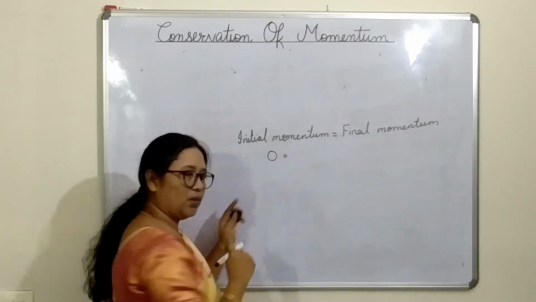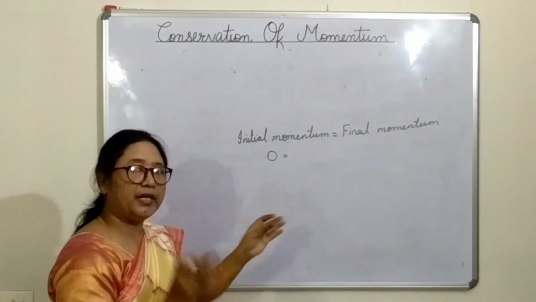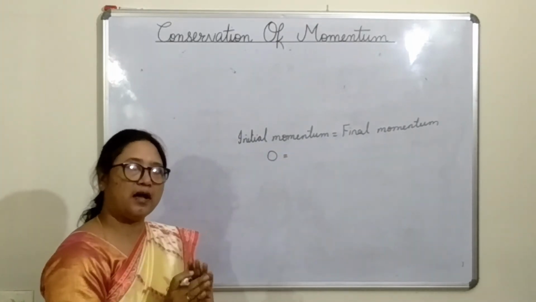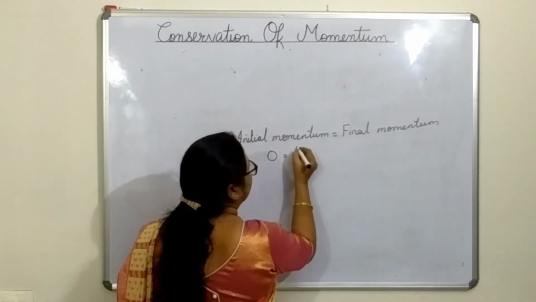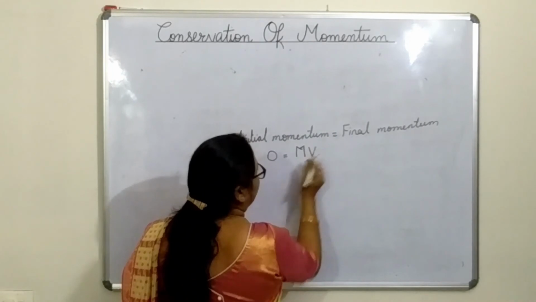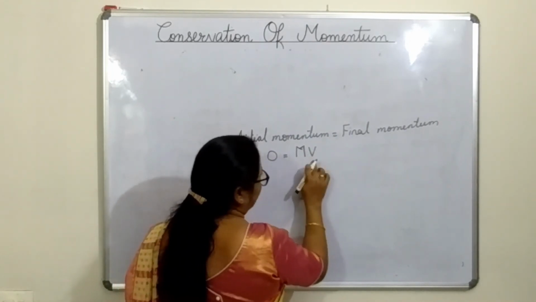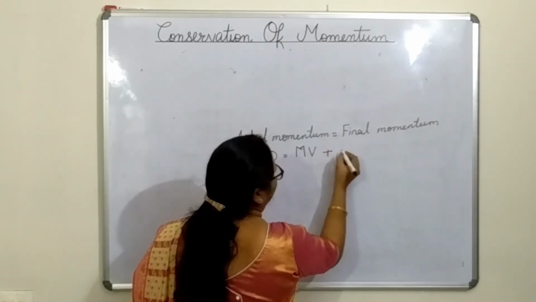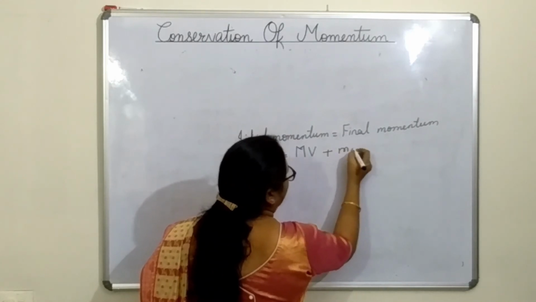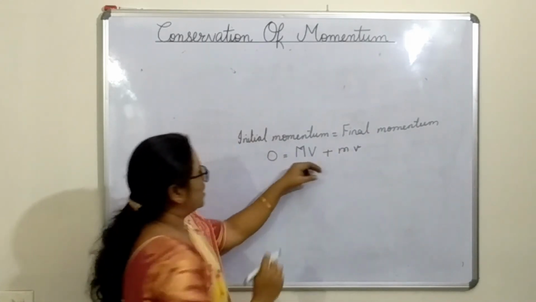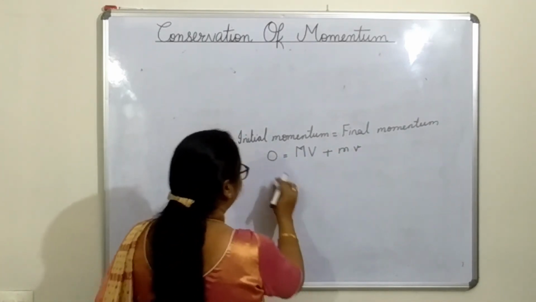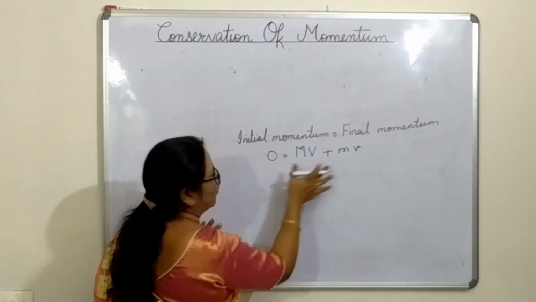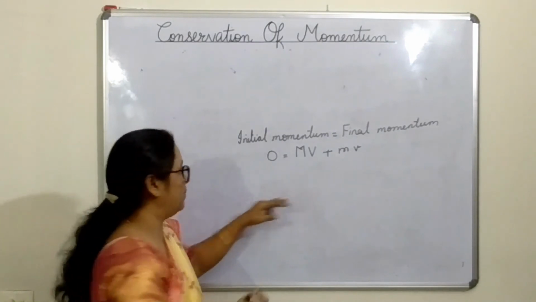Initial momentum is equal to 0. Initially, the gun and the bullet are at rest. So, initial momentum is equal to 0. What was the final momentum? Final momentum of the gun M into V plus m into v. This is the momentum of the gun plus momentum of the bullet. If we solve it, it will come like this.